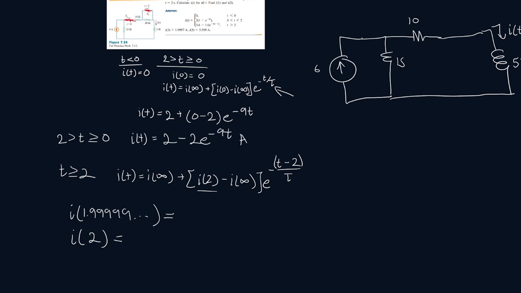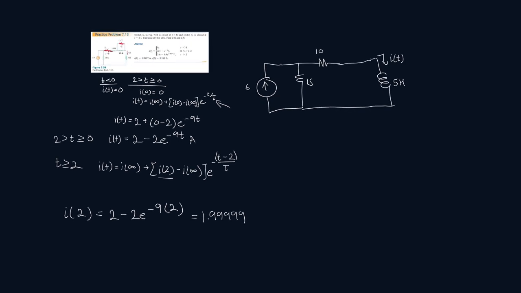So we might as well just put 2 directly in. Okay, so 2 minus 2 e to the power of minus 9 times 2. Let me see what that gives me. That gives me 1.99999. Okay, so that's I2.